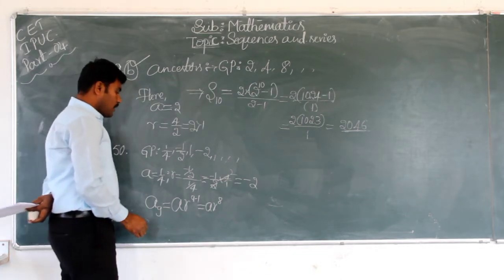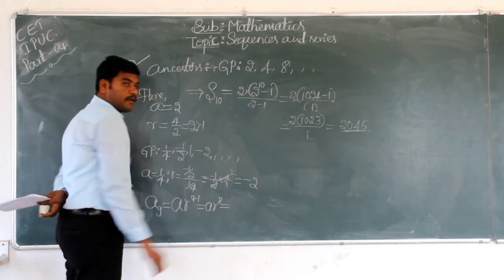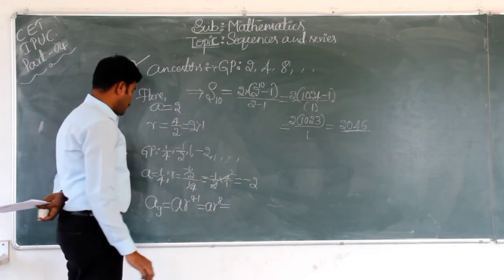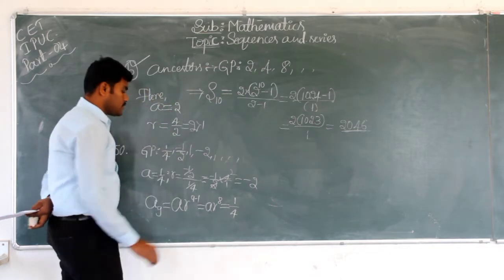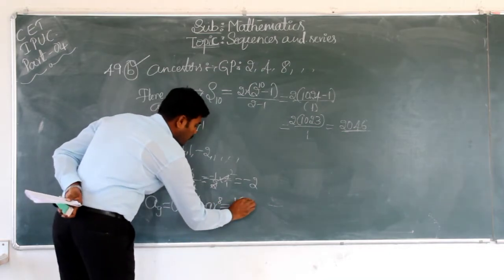Here a is known, r is known, so substitute: a is 1 by 4 and r is minus 2 to the power of 8.